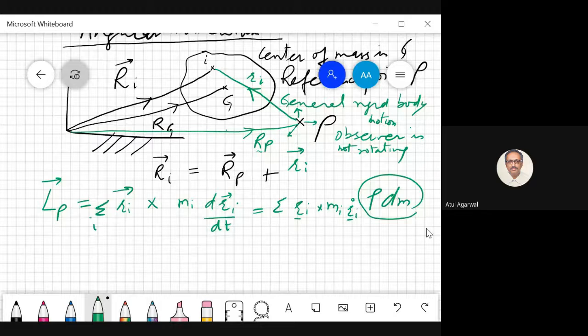Okay, sir, excuse me. Sir, instead of rho dm, it should be rho dv, right? Yes, sir, here you mention rho dm, it should be rho dv instead. Please repeat. Yes, the value of dm will be rho dv. Okay, I get you. You forget rho dm. So a particle can be written as dm or rho d omega, d volume.